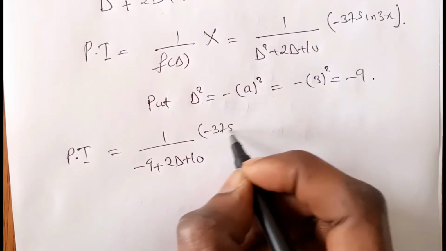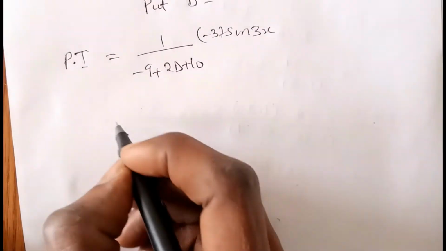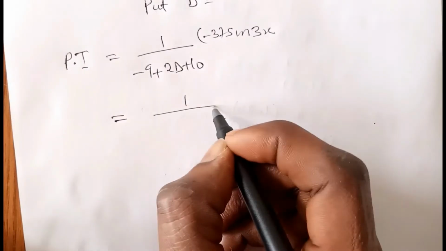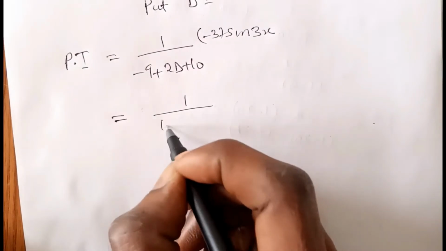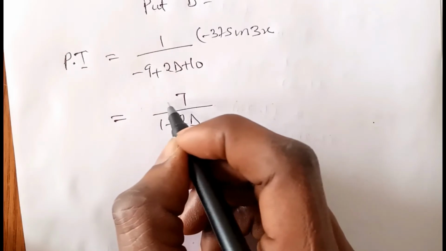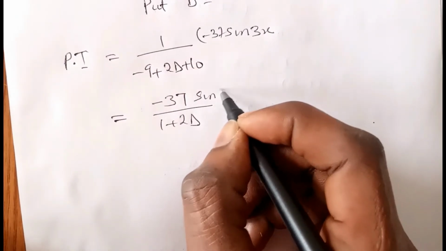then minus 37 sine of 3x, and this is 1 all over 1 plus 2D times 37 sine of 3x.